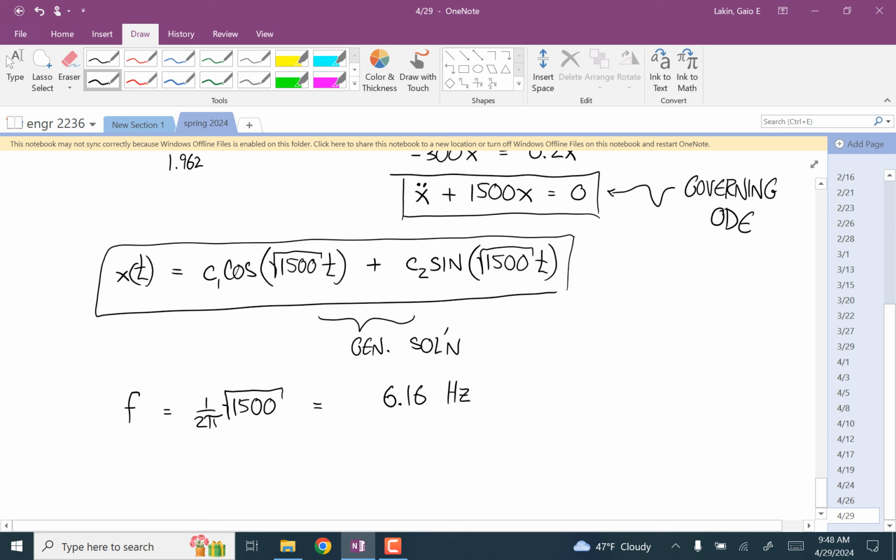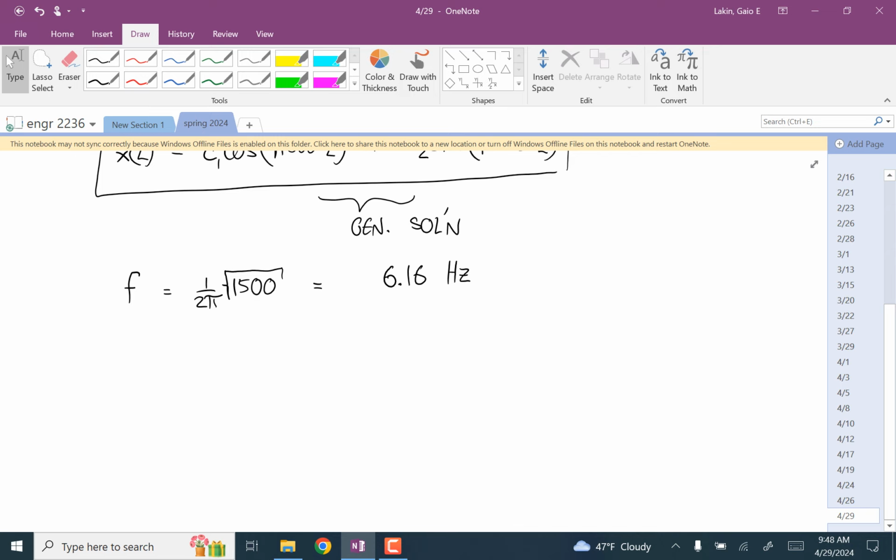Yep. To get the C1 cosine, would we just go back through our notes and find that? To get that, I would say you probably want to understand how to apply those boundary conditions.